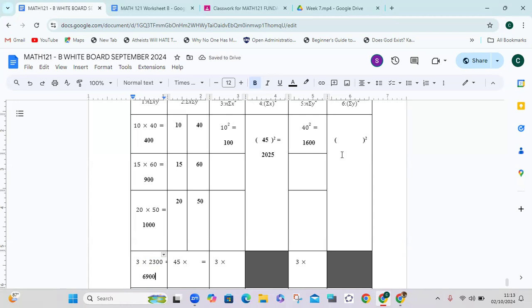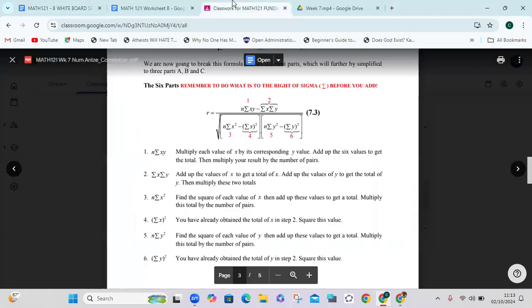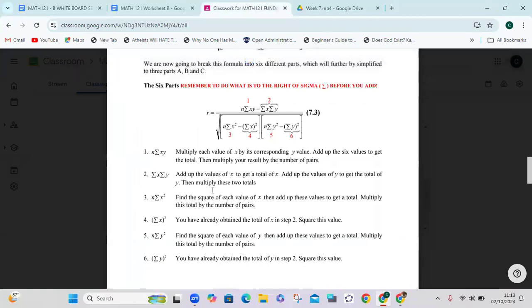So now we are going to calculate the second number. And to do that, we are going to carefully read what the instructions say. It says to add up the values of x to get a total of x. Add up the values of y to get the total of y. Then multiply these two totals.